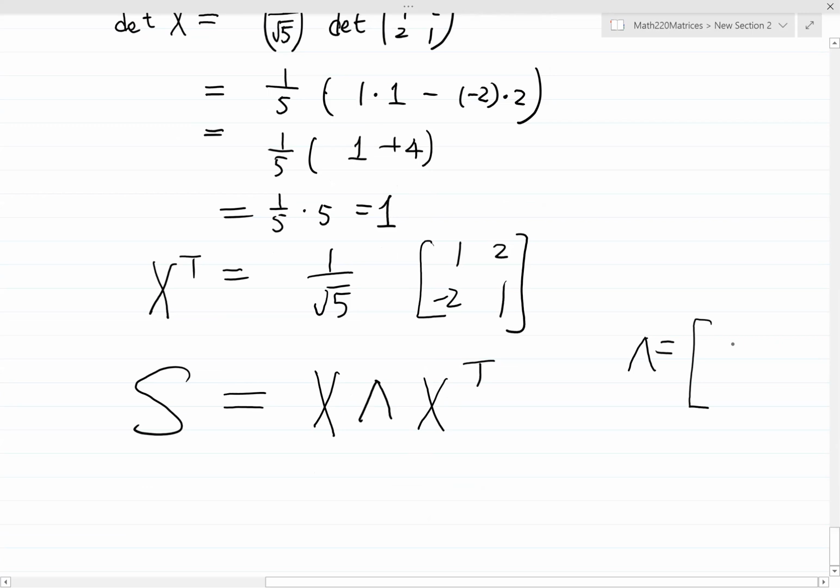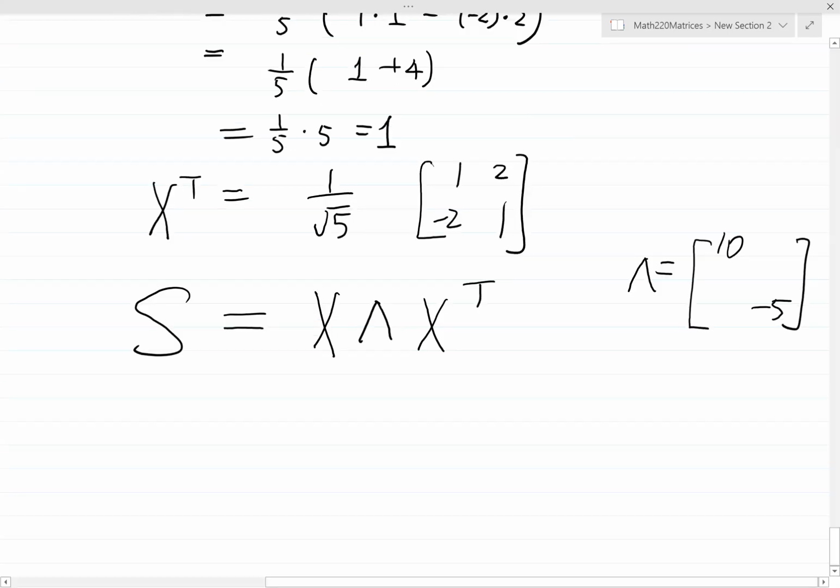Remember lambda 1 by our choice is 10. Lambda 2 is negative 5. Now if you change the position of lambda 1 and lambda 2, if you name lambda 1 to be lambda 2 and lambda 2 to be lambda 1, then you should flip the corresponding position for the eigenvectors. So this you can check.